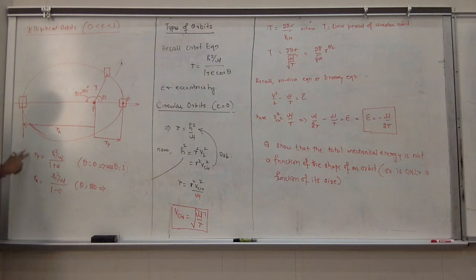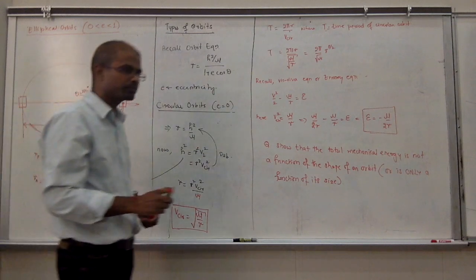Which of these is bigger? Why is RA bigger? Because the denominator is small. So it makes sense why RA is the largest.